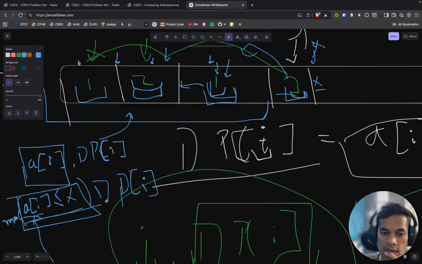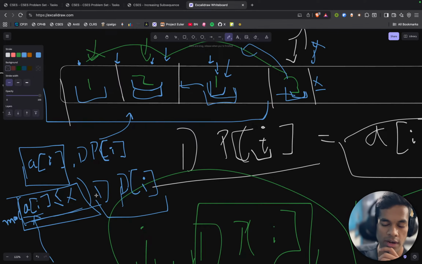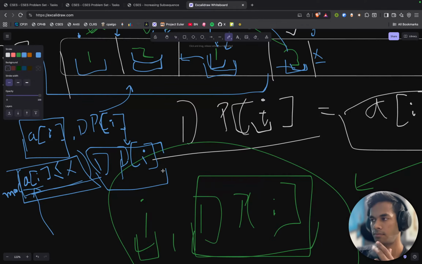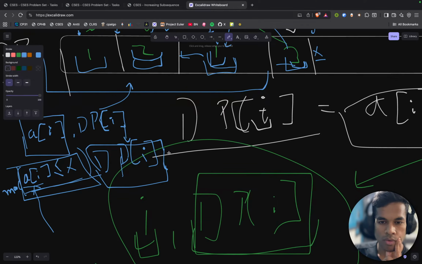But then internally, when I'm looking through those numbers, they are not sorted according to their dp values. Wait, I am getting some idea. I guess this dp table doesn't need to be very strict like it is as a vector.